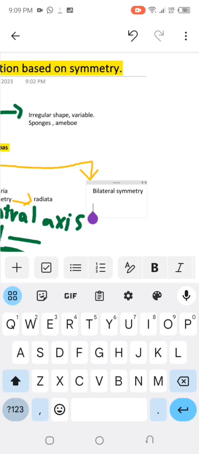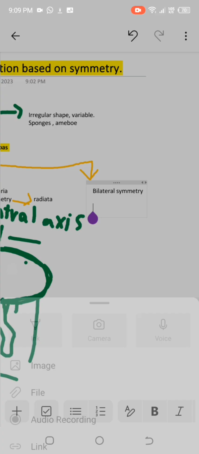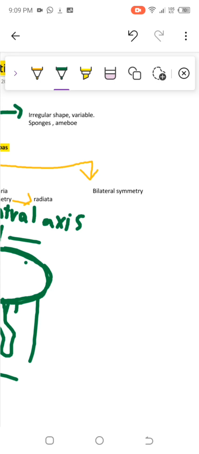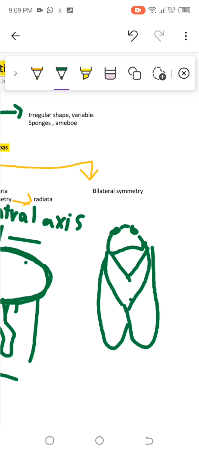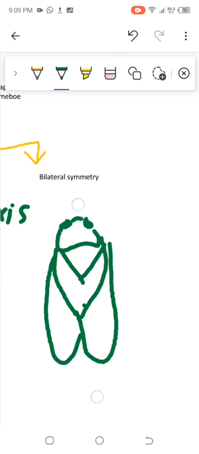So let me show you what this is by drawing the picture. Here we have an insect. This is a rough diagram of an insect.